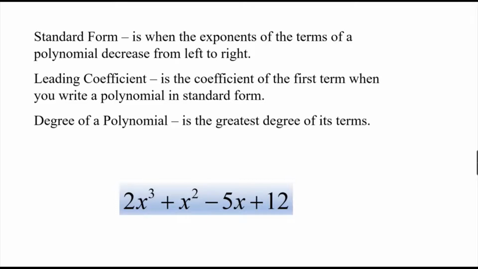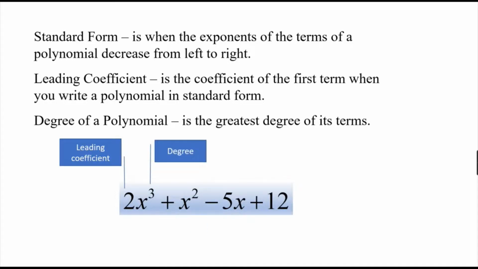With that one, we observe that the leading coefficient is 2. Now, for the degree, it's just the leading or the highest exponent, which is 3. And lastly, of course, the 12 is the constant term, the term which doesn't have any variable.